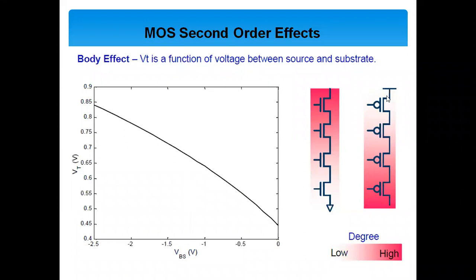Basically, the threshold voltage VT that you apply towards the gate is a function of the voltage between source and substrate, right? You can see the graph of this VT versus VBS. VBS means bulk to source voltage, and these are the effects for NMOS and PMOS. So the first one is the body effect.